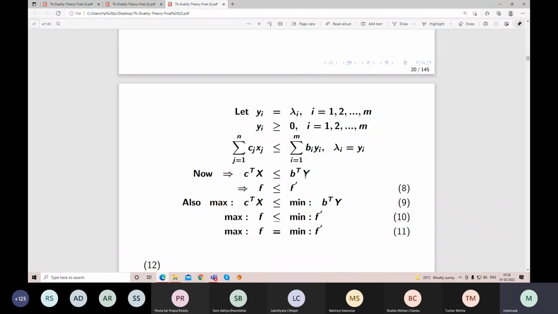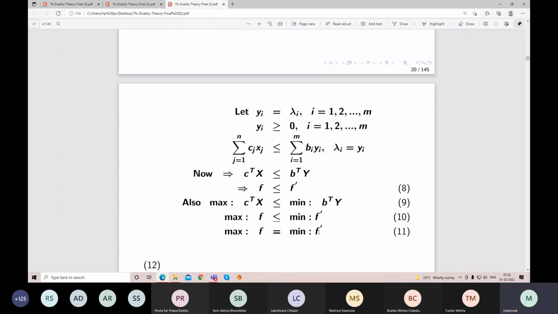If the maximum value on the left is less than or equal to the value on the right, and we replace the right with the minimum value, then it may happen that the maximum value of f equals the minimum value of f dash.